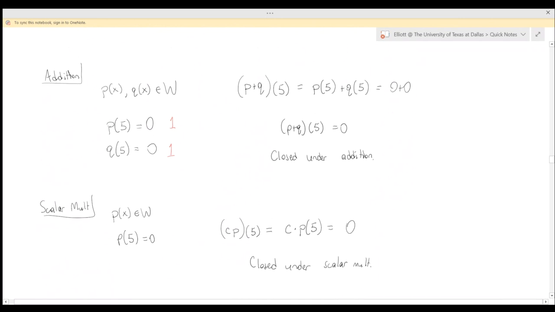You can check closure under addition: when you evaluate the sum at 5, it equals 2, no longer equal to 1, so it would not be closed under addition. You can also argue it would not contain the zero polynomial, but I just wanted to give that quick example.